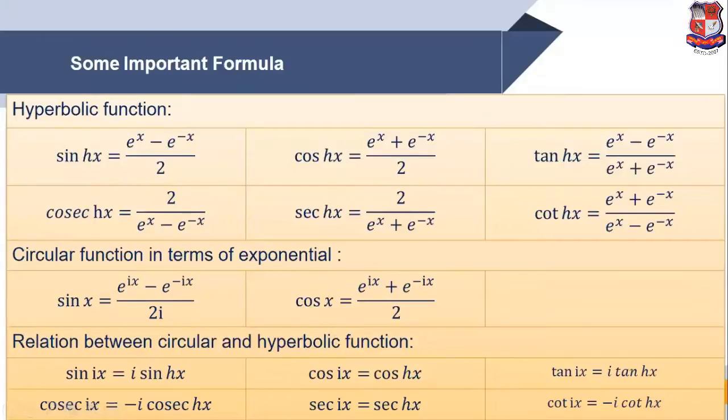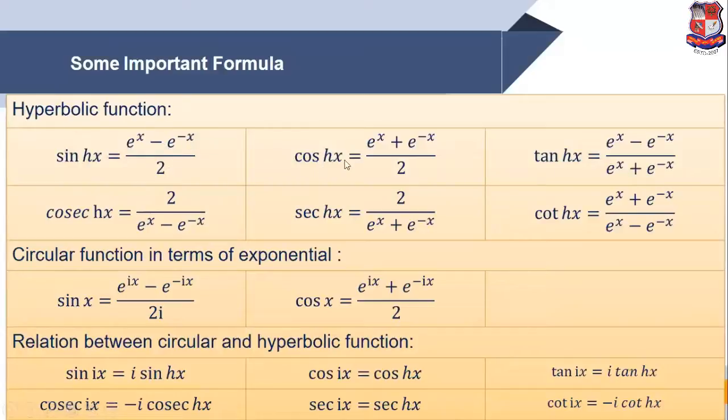Now some important formulas, like hyperbolic function, circular function, and the relation between hyperbolic and circular function. First, hyperbolic function. Sine hyperbolic x is e raised to x minus e raised to minus x divided by 2.